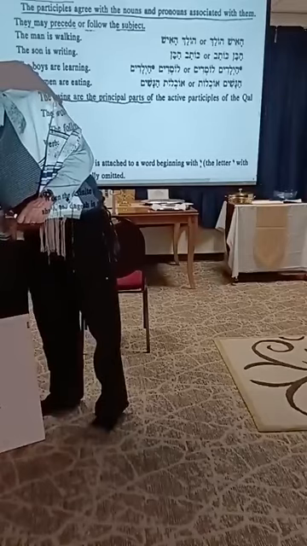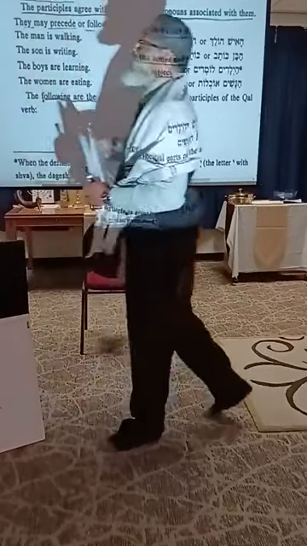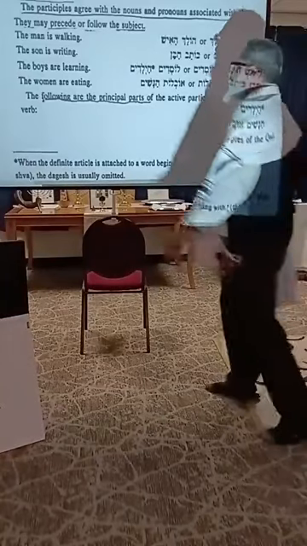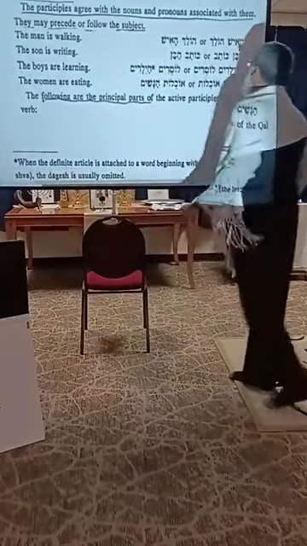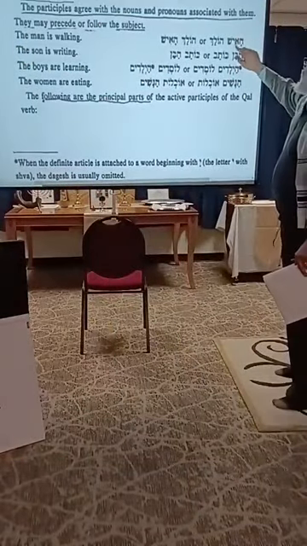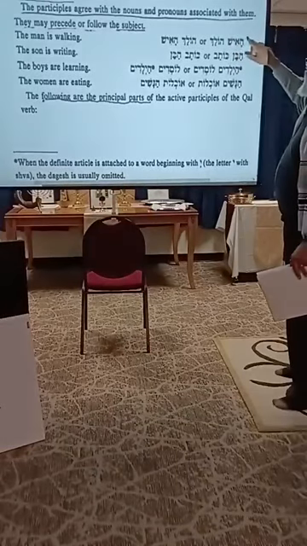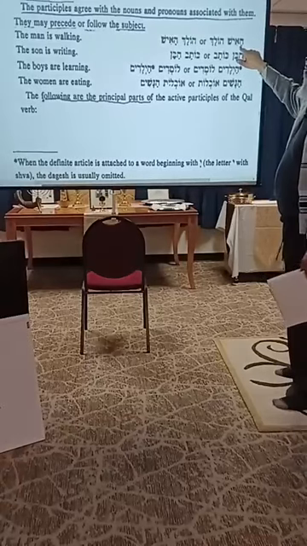I'm going to give y'all that as a homework assignment again. Anytime you put the hey in front of a word, it is a definite article. It becomes the man. Take the hey off of ish. Ish is man. Hey in front of any word means the.